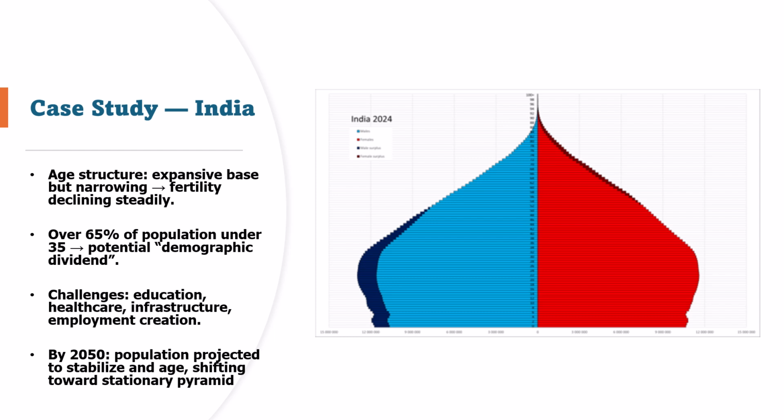With nearly two-thirds of the population under the age of 35, India holds the potential for a major demographic dividend, an economic advantage if this large working-age group is healthy, educated, and productively employed. The challenge lies in providing sufficient jobs, infrastructure, and healthcare. Looking ahead to 2050, India's population is projected to stabilize and gradually age, moving towards a more balanced, stationary pyramid structure.